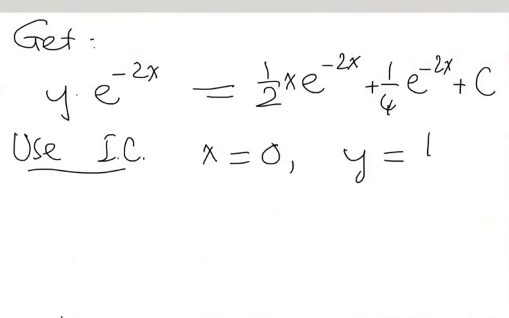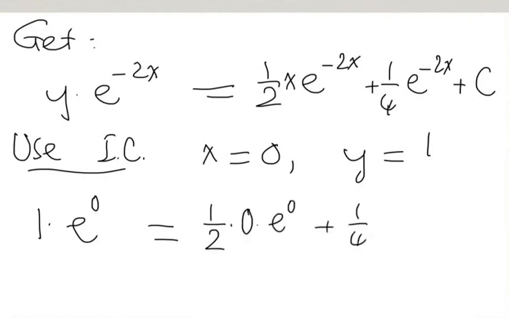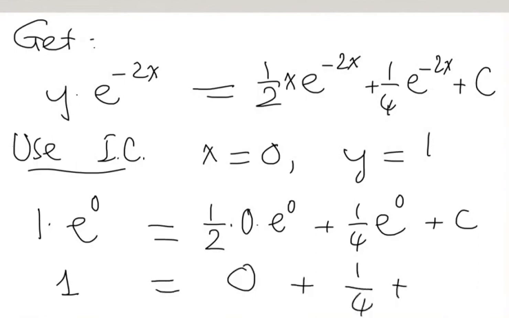We plug in these values, 1 for y, 0 for x, and then solve for c. So this is 1 and this is just 0 plus a quarter plus c.